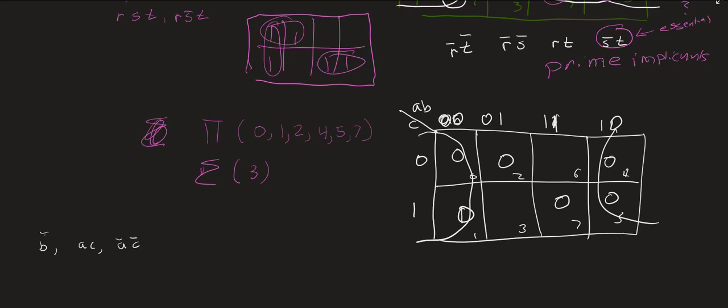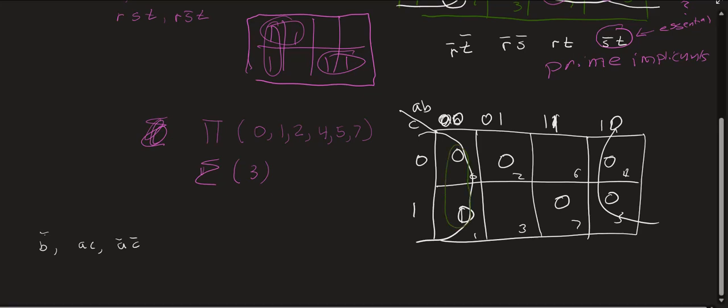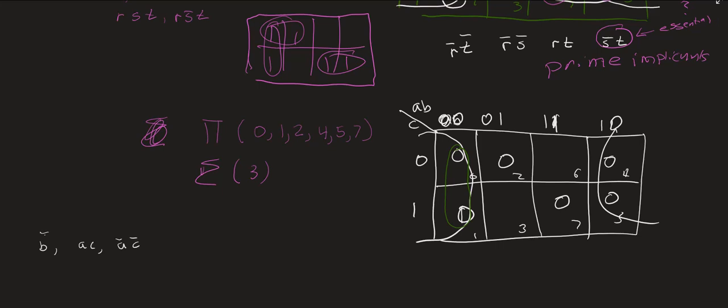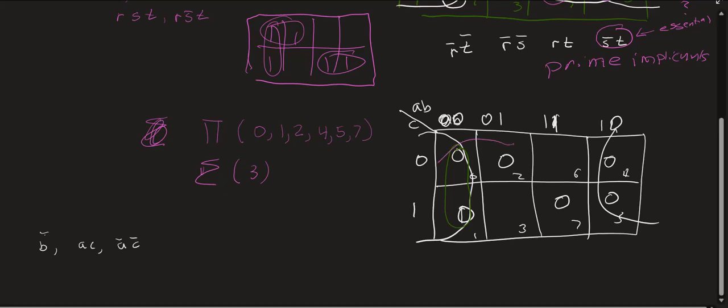So if you had said this was a prime implicant, that would be wrong because that's completely contained in the other one. And then the other two, they're just by themselves.